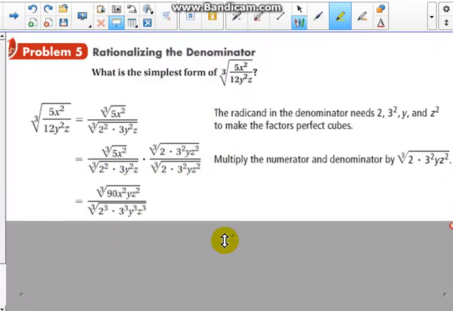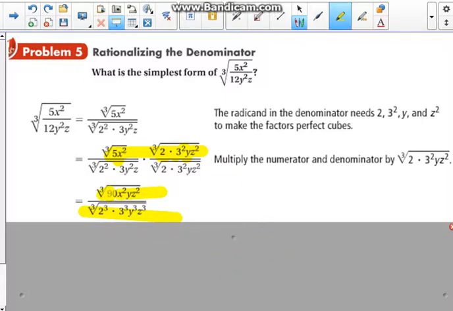So when we do this, it cubes everything on the bottom, and then you just combine and do the math on the top. So we have 3 squared, which is 9, times 2 times 5 over here. That gives us 90. And then we have an x squared, y, z squared. And there that all is. So you just do the straight multiplication.